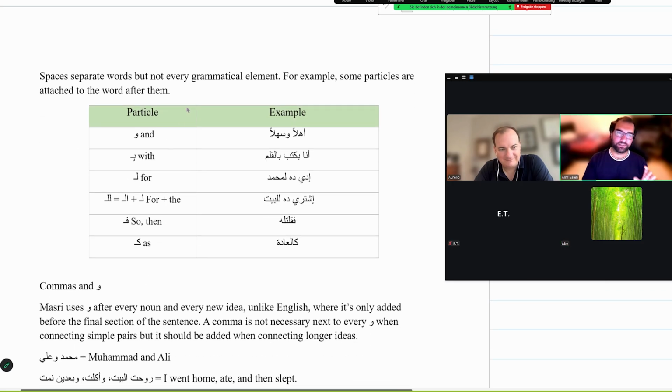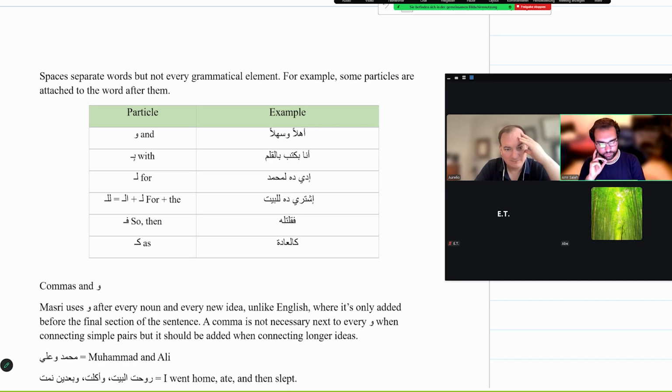The way you write words like and, with, for, you don't leave a space between that word and the word next to it. So if you look here, for example, with wa, you see that it's connected to sahlan. So ahlan is one single word, and then sahlan is another word.